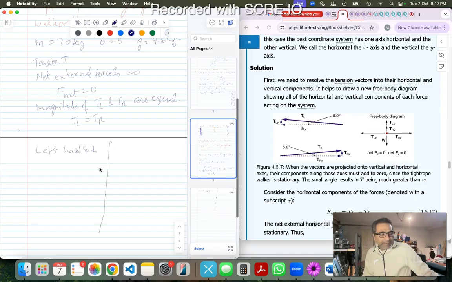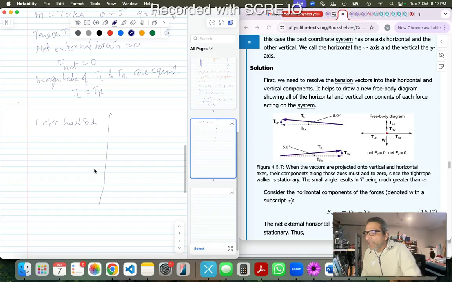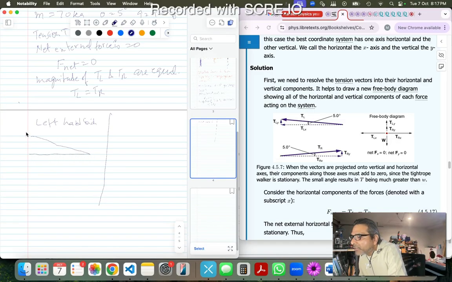I'm trying to do a similar thing so that you can derive it like that. This is our TLY component. Sorry, totally mismatched. When I'm talking about this, this is the actual tension, TL.